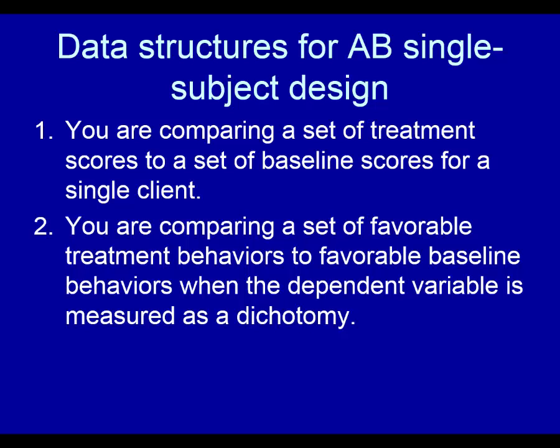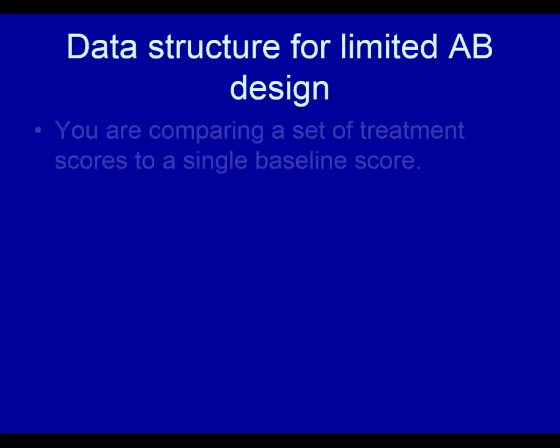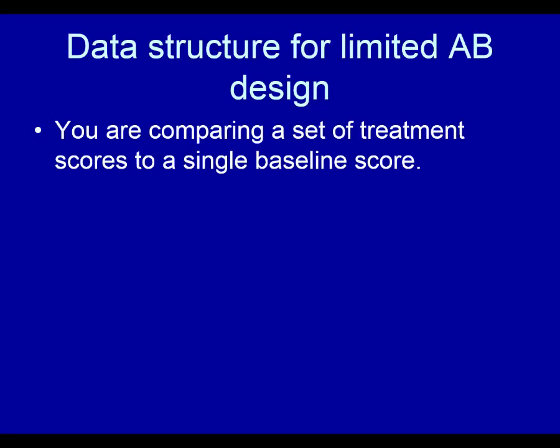This is for a single client. The limited A/B design: one structure, you are comparing a set of treatment scores to a single baseline score. By the way, every time I use the word score, I'm talking about something that is scale in nature, either ordinal or interval.